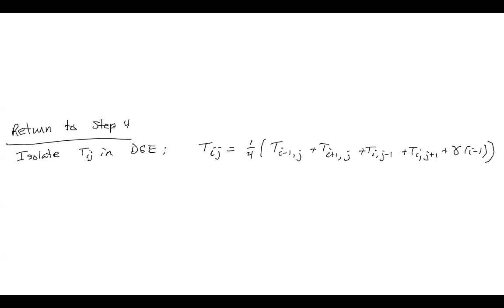All I've done is rearrange the discrete governing equation for Tij, but I'm going to solve this iteratively by putting in initial guesses for the temperature on the right side. I'll call those my guesses at iteration k, and this gets me a new value at iteration k plus 1 on the left-hand side.